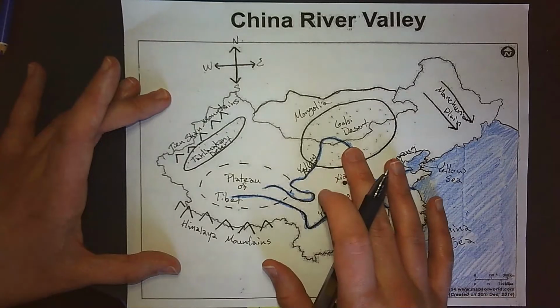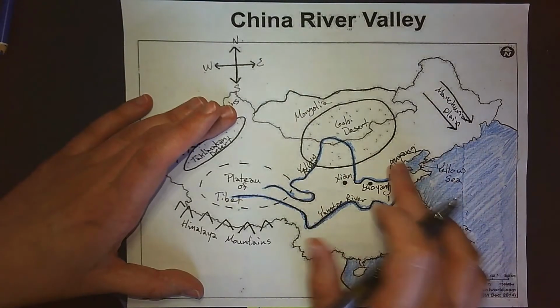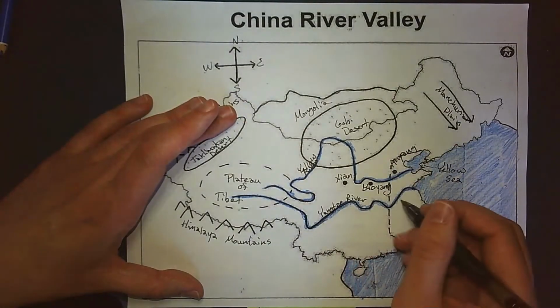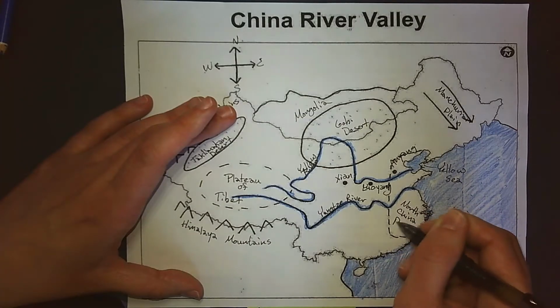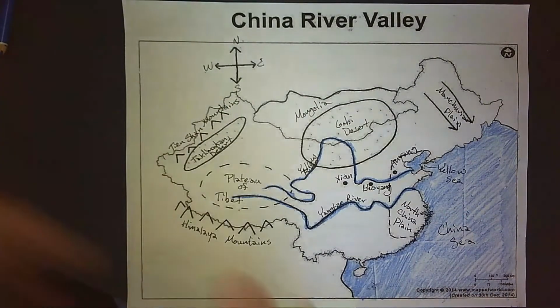So, including deserts, here we have a plain, the Manchurian Plain, and then the last one that we have is kind of boxed in here, and this is the North China Plain. So a pretty busy map.